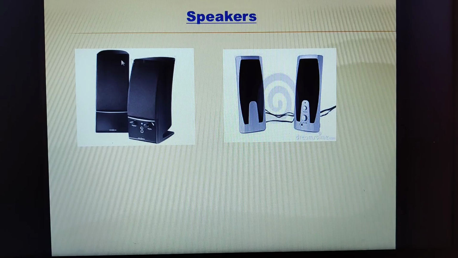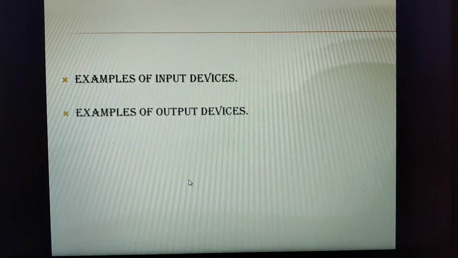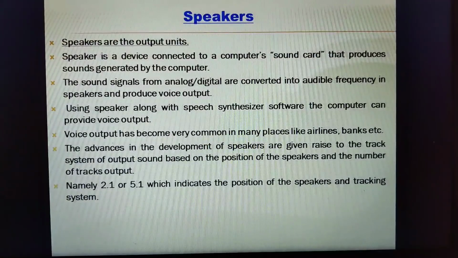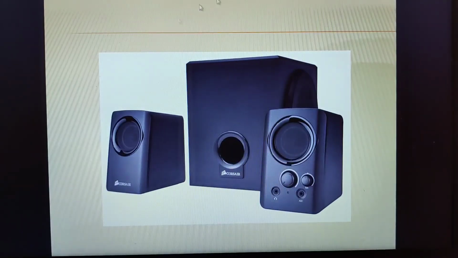The development of these speakers has given rise to the track system of the output sound. That means, for example, we have configurations like 2.1 or 5.1.